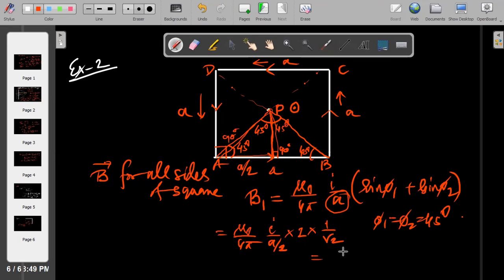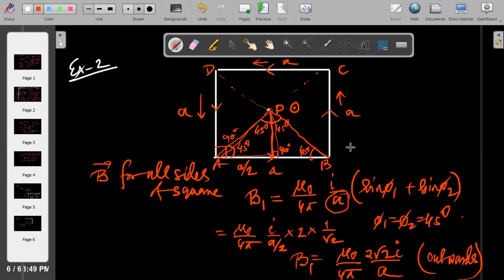So finally, we will be getting something like mu naught by 4 pi into 2 root 2 I by A. And the magnetic field will be outwards. Same thing you repeat. This is for B1. Same thing you repeat for BC, put these things and you will get the same results.